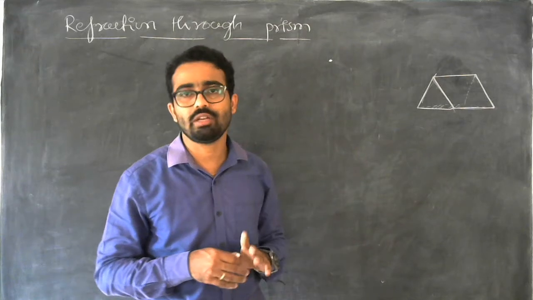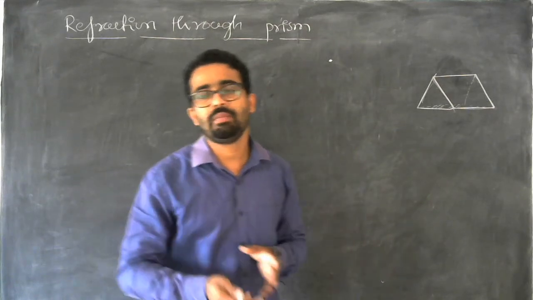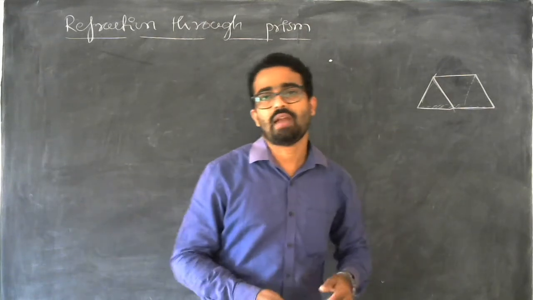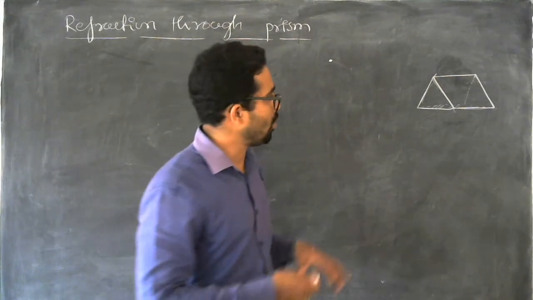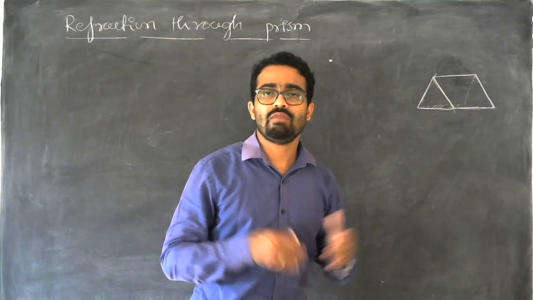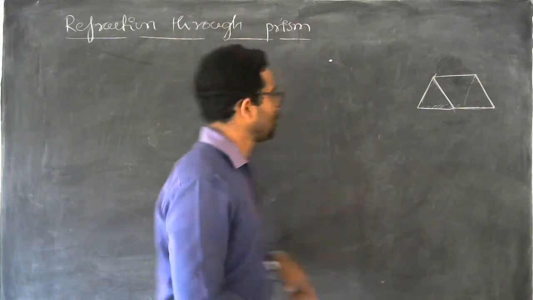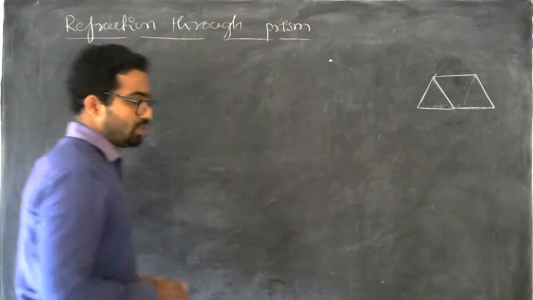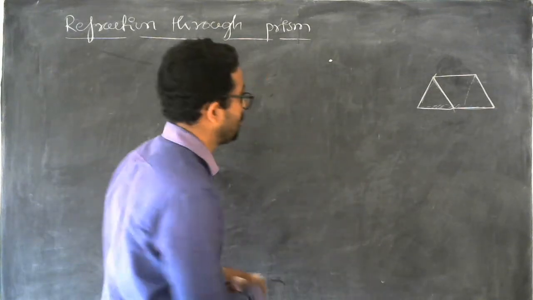We already know about the refractive index. Different mediums have different refractive indices. So what will be the refractive index of this prism? Can we find it? Let's see. So this is the concept of refraction through the prism.